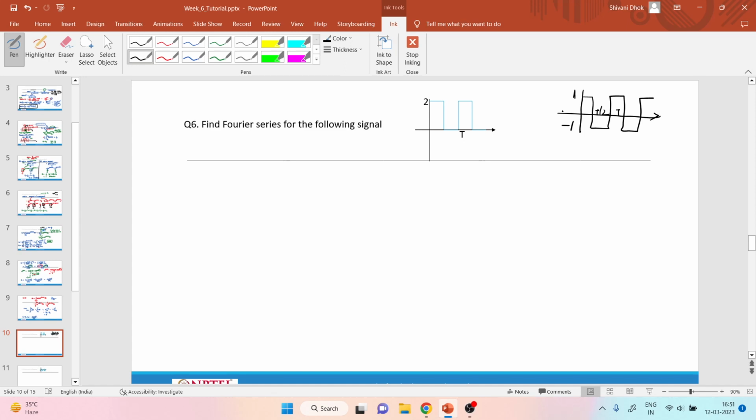Now if I shift this signal by 1 unit upwards, then I'll get this signal. So if this is my x tilde t, and this is my x t, then my x t is equal to 1 plus x tilde t.